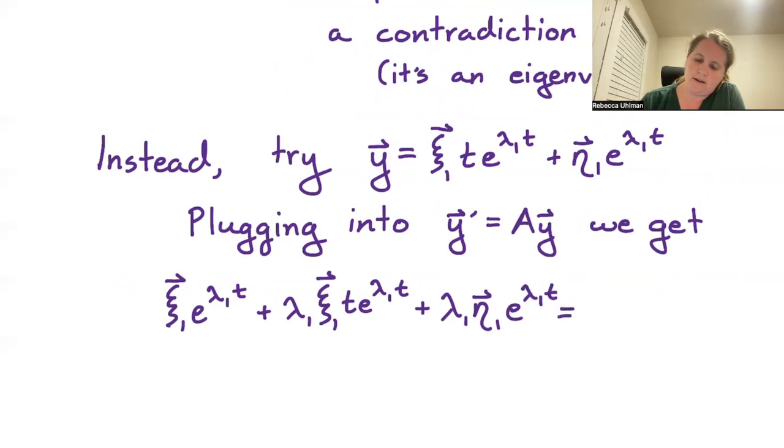And on the right-hand side, we just have A times psi 1 t e to the lambda 1t plus A eta 1 e to the lambda 1t.